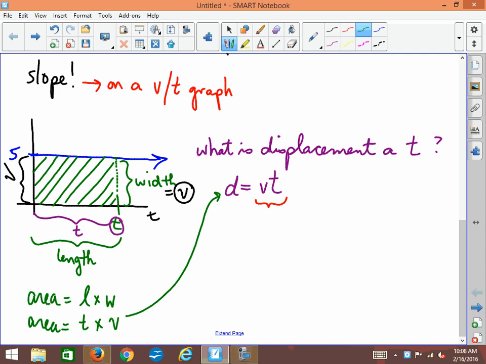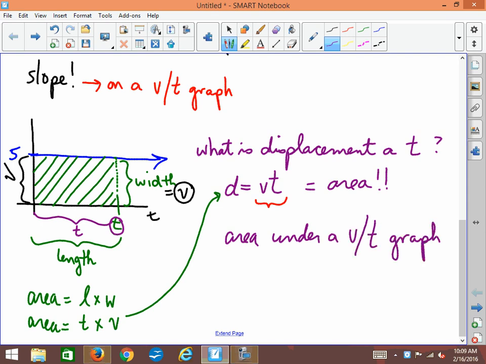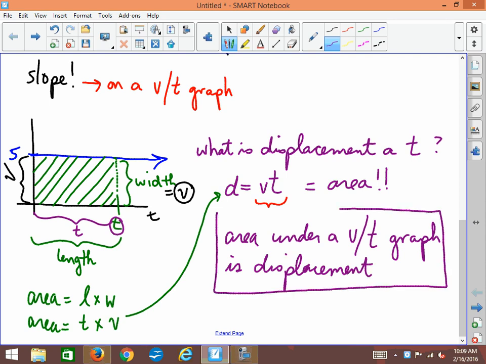So what we've discovered is that when we do this little d equals v t equation, we're actually calculating an area. And it's the area under a vt graph that we're calculating is displacement. That's a very important thing to remember. I'm going to put a box around it.